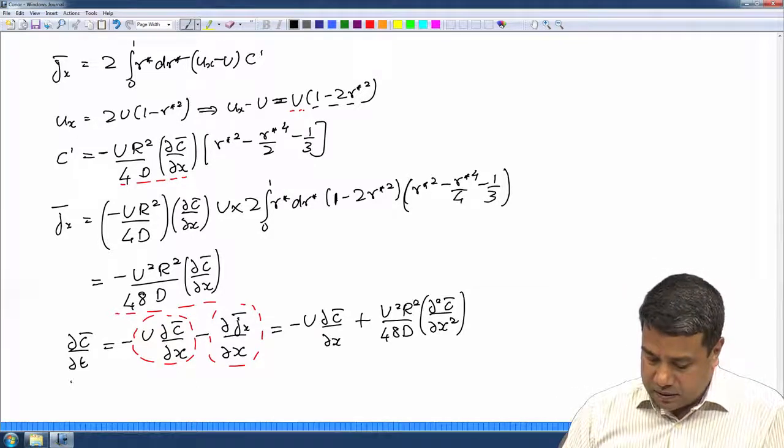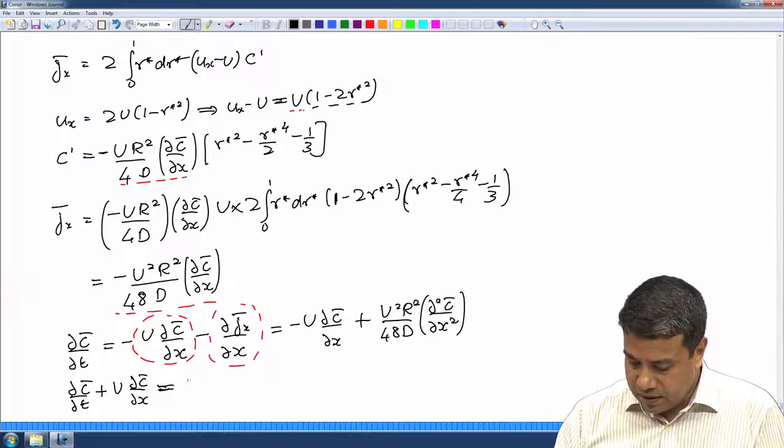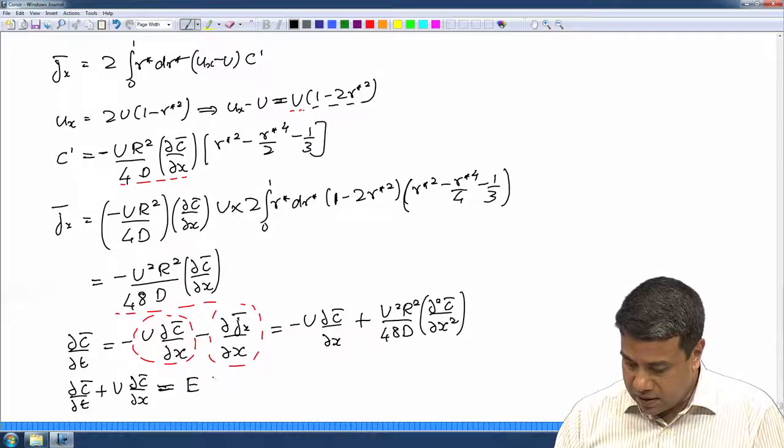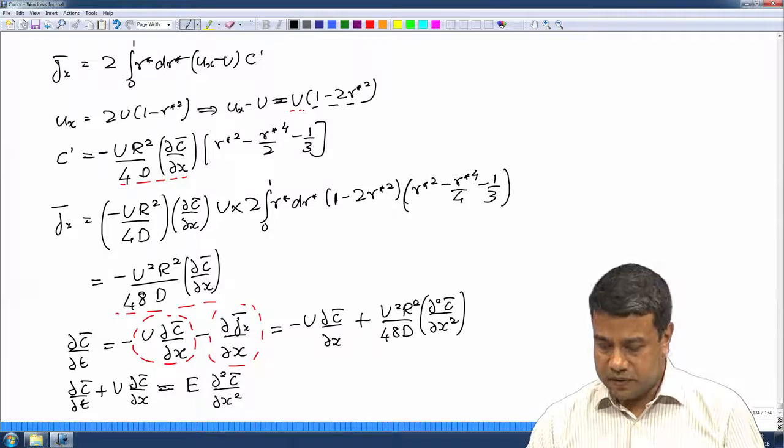I can rewrite this as partial c by partial t plus the average velocity partial c by partial x is equal to a dispersion coefficient times partial square c by partial x square. What is this dispersion coefficient?